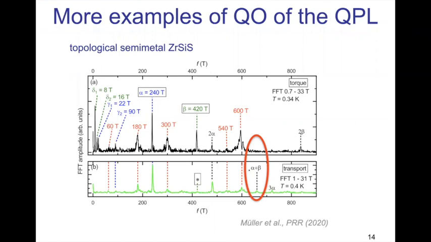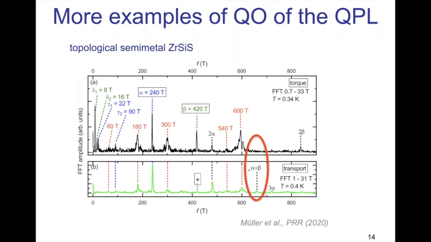Okay, I could list more examples, however, in the interest of time, I will stop here because I want to come to a more interesting point. There are several examples where authors correctly identify new frequencies as combination frequencies.